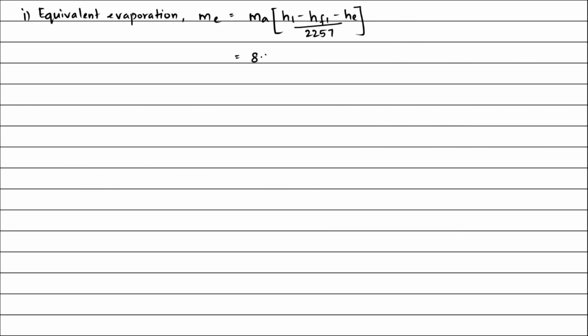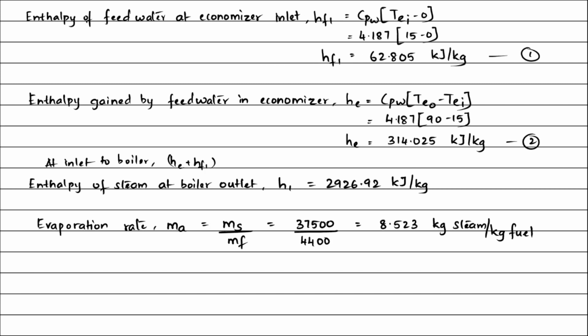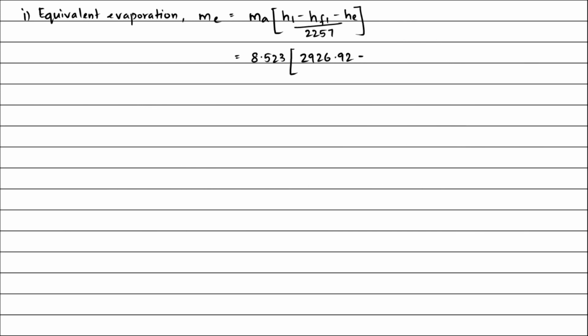Okay, so I have 8.523, Ma, multiplied by H1, 2926.92, minus the enthalpy added in my economizer, 314.025, minus 62.805, and this whole divided by 2257.